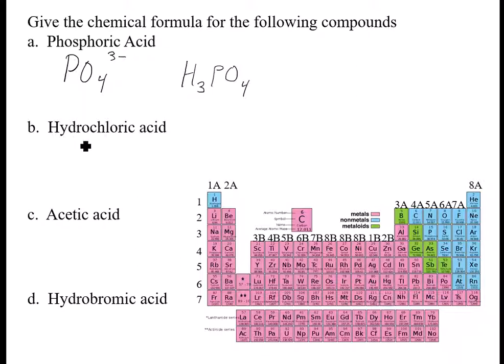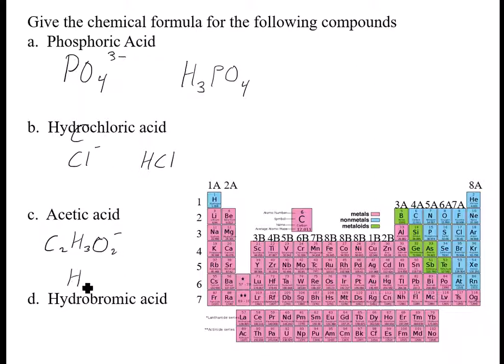Here's the hydro, so it's just chlorine. Chlorine is in group 7A over here, so it's a -1. So Cl is a -1, so it's HCl. Acetic acid. So acetate's one of those that you had to memorize from table 2.7. It is C2H3O2-.